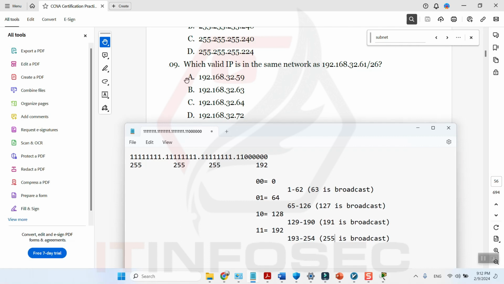So answer A is correct. Answer B, 63 is broadcast. It is not assignable. 64 is the subnet address, and 72 is placed in the second subnet. So this is okay. Answer A and answer D are the correct answers.